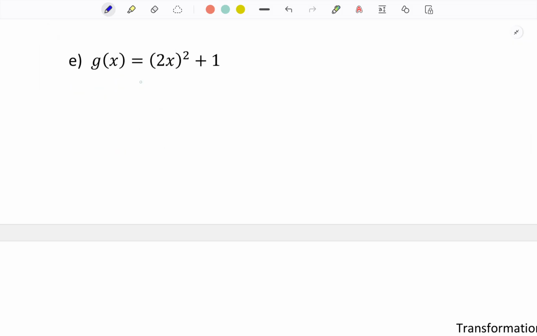Now for E, I have g of x equals 2x in parentheses squared plus 1. So my 2, that is going to be horizontal shrink. And remember, we need to express anything horizontal with the reciprocal.